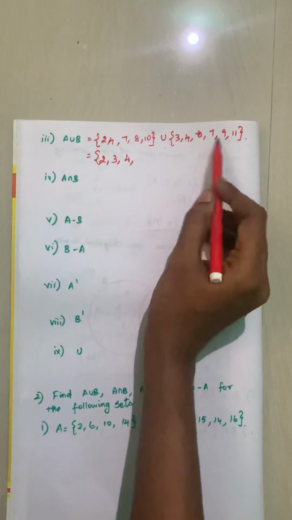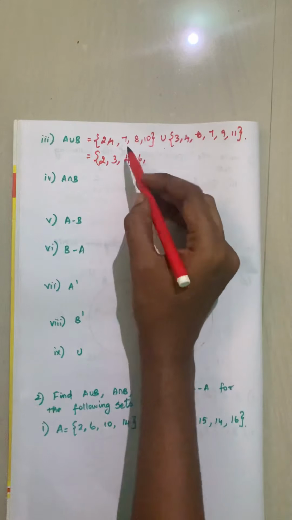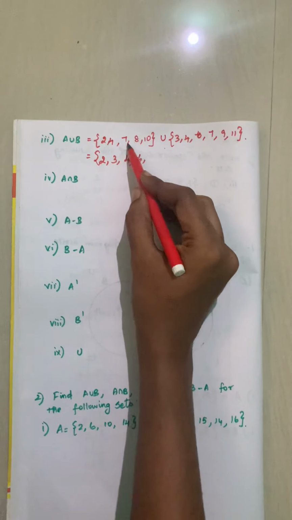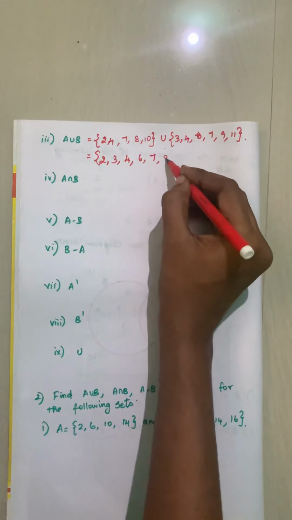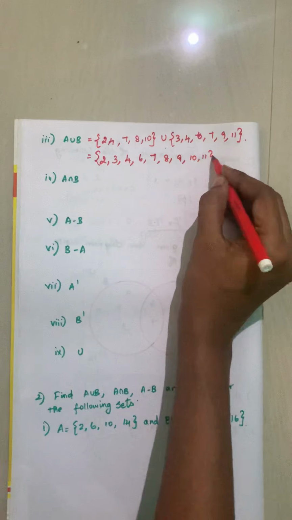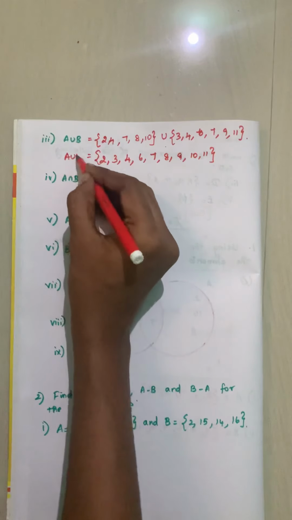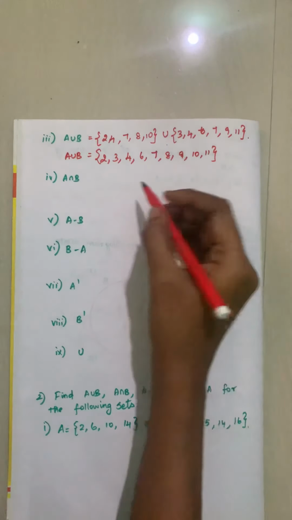Next is 5. There is no 5. Next is 6. Only one 6, so we write it. 7: here also you have 7, here also you have 7, but you have to write only one time. Next only one 8, and 9, and 10, 11. So this is your A union B. Union means joining the sets, but the repeated element should be only one time.